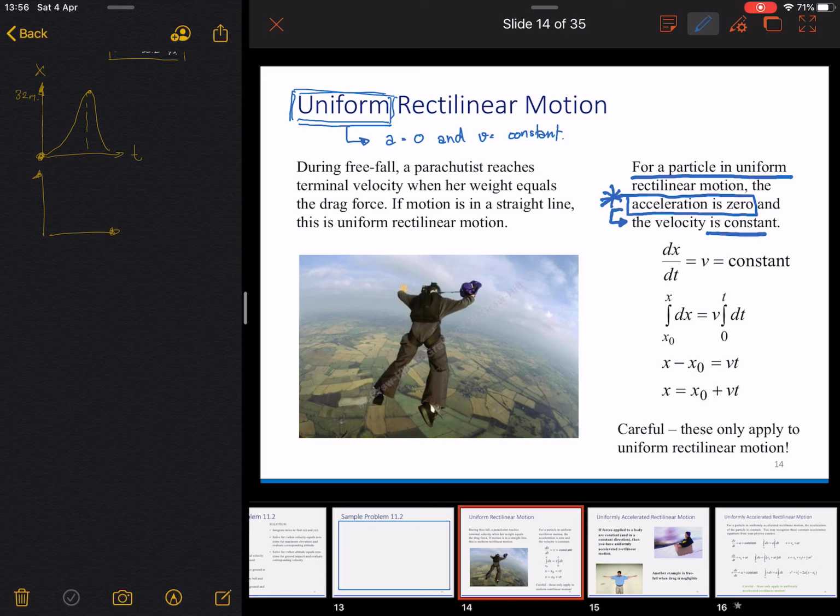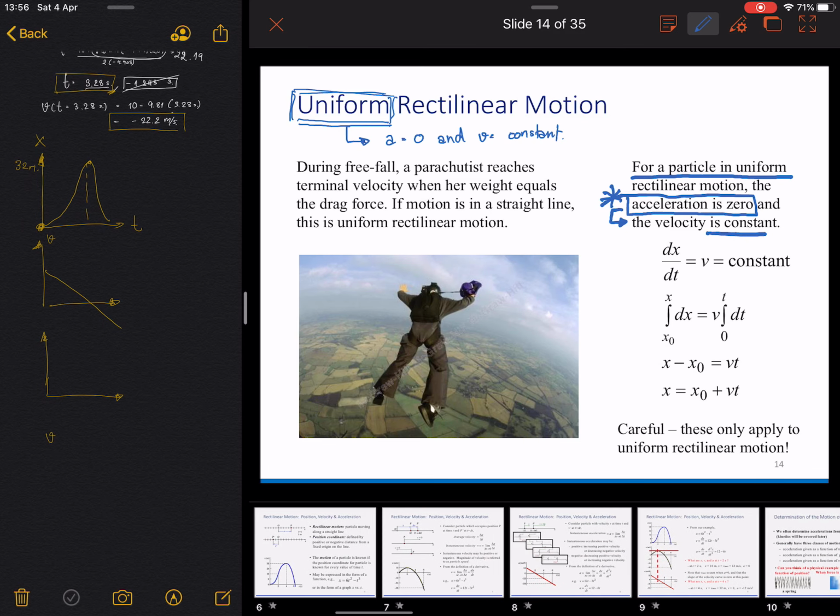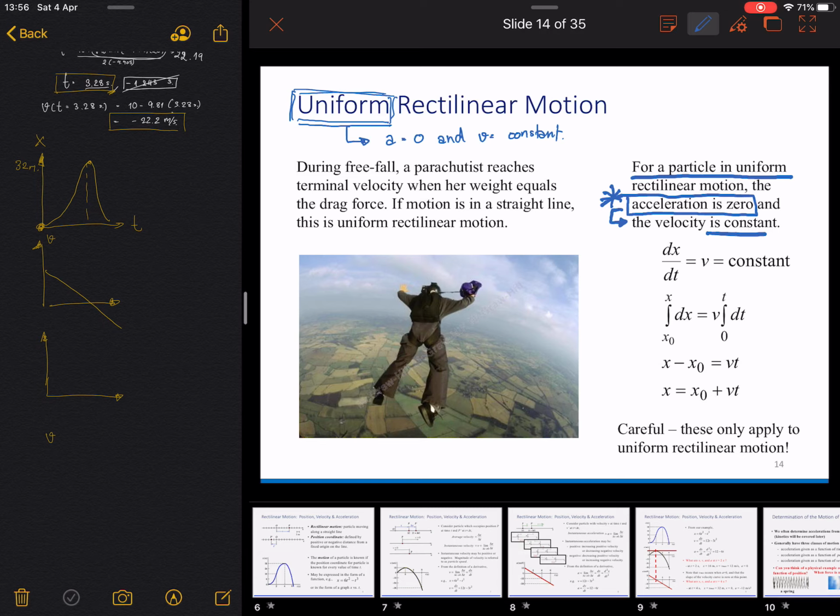Your velocity is like this, and then here comes your acceleration. Let me take a look. Oh, this is my bad. Your velocity looks like this, and your acceleration is like this.